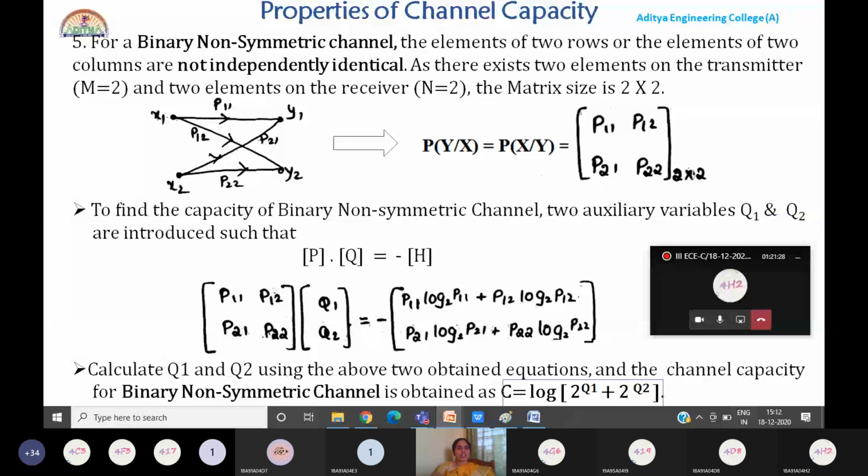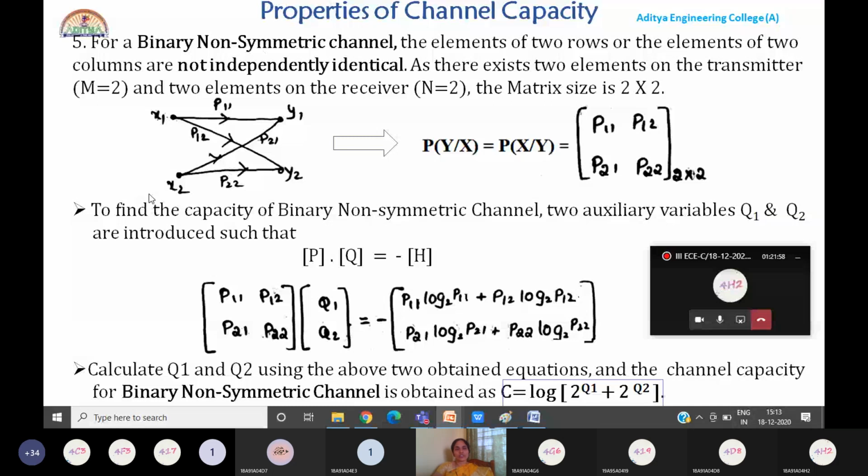But in this case the elements are not equal. So that's why we have considered different probabilities. x1 y1 probability we considered as P11 and x1 y2 we considered as P12, x2 y1 we considered as P21 and x2 y2 we considered as P22.